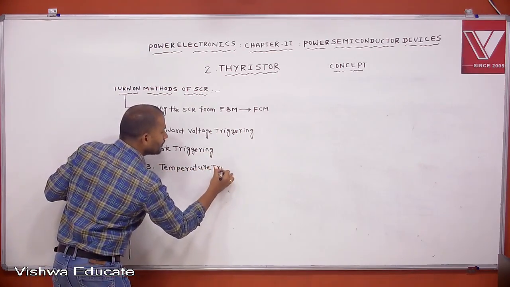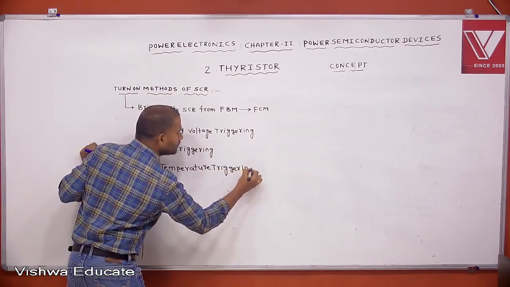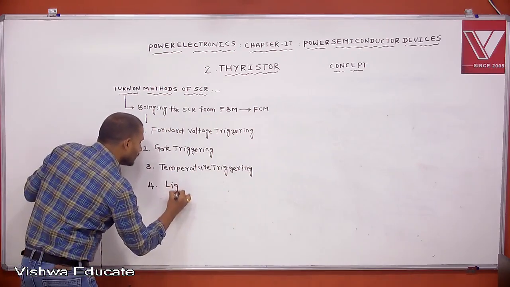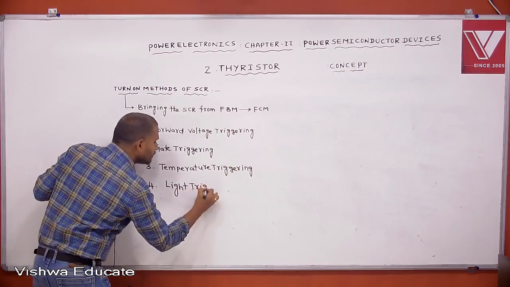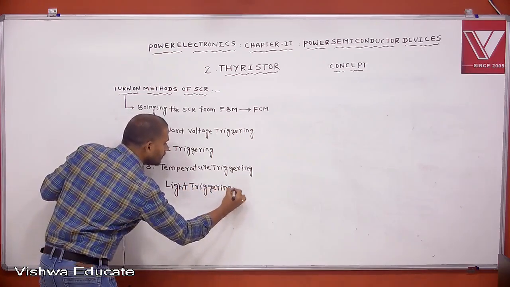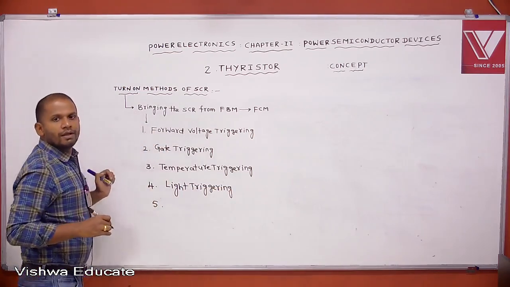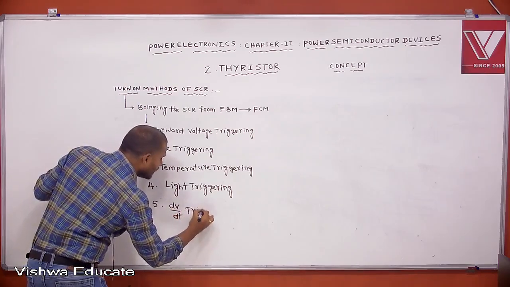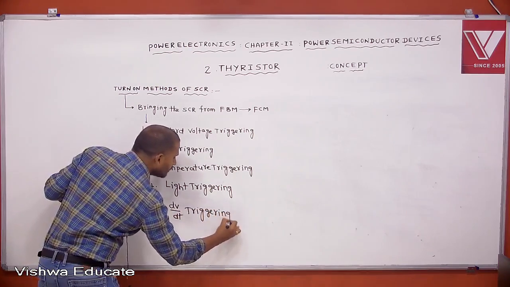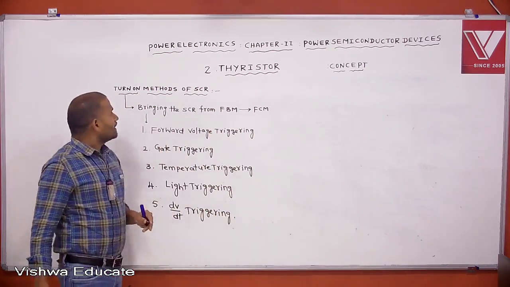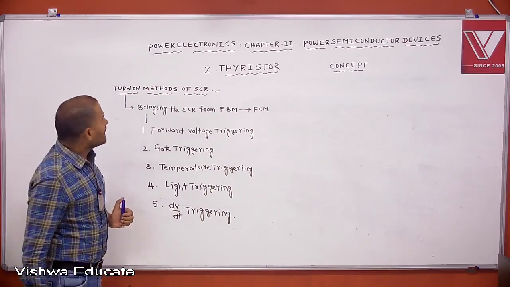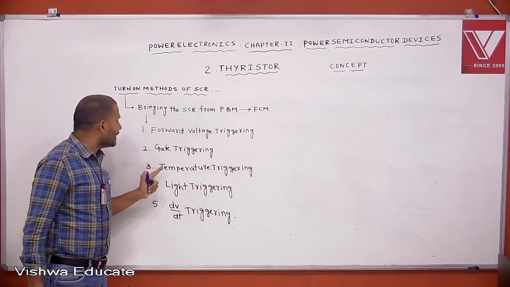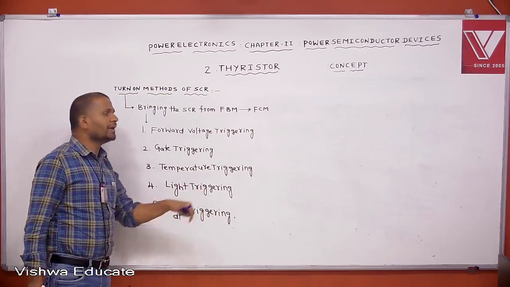The fourth one is light triggering method. The fifth one is dV by dt triggering method. These are the methods we can employ to bring the SCR from forward blocking mode to forward conduction mode: forward voltage triggering, gate triggering, temperature triggering, light triggering and dV by dt triggering.